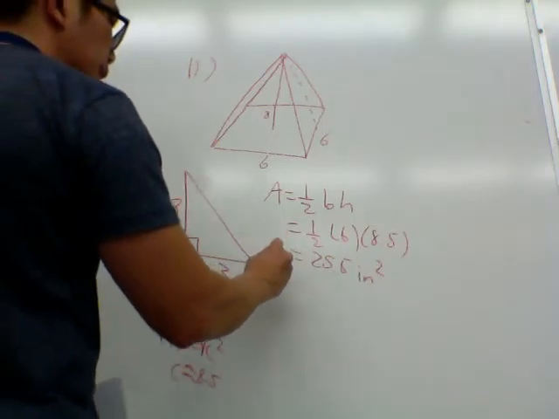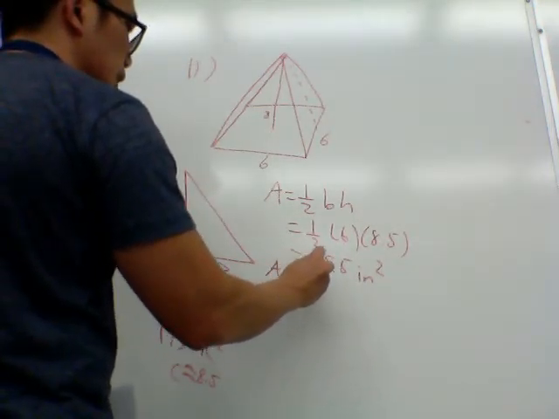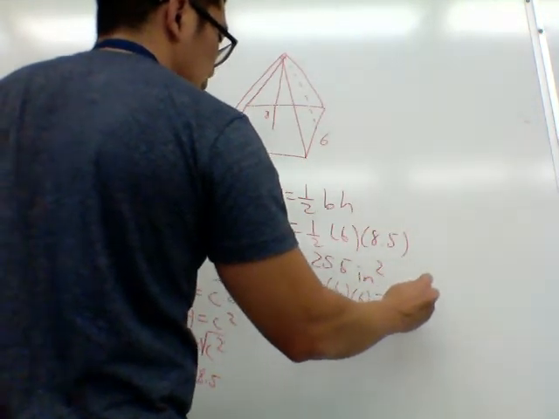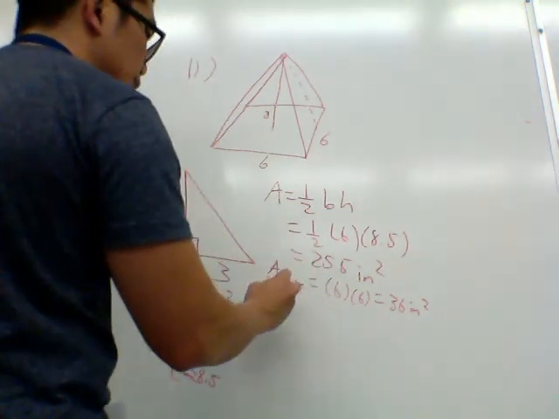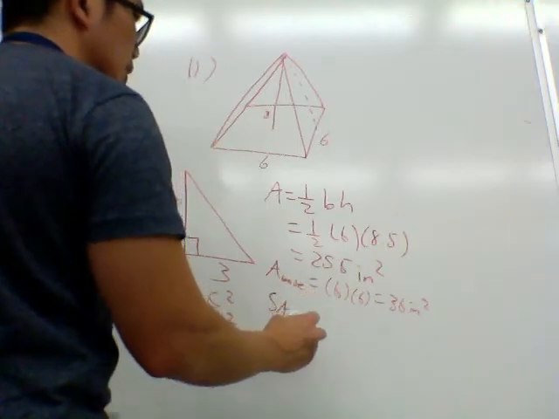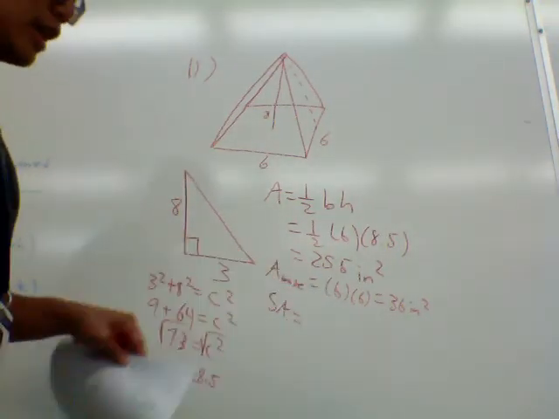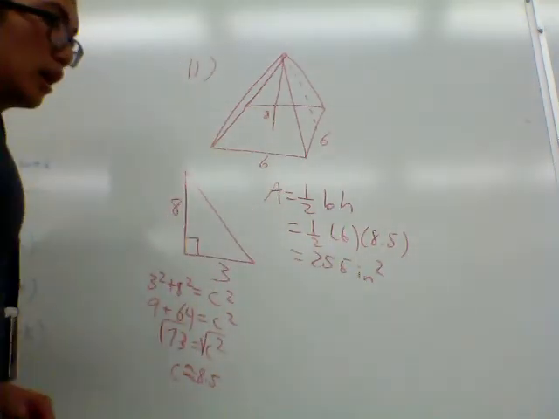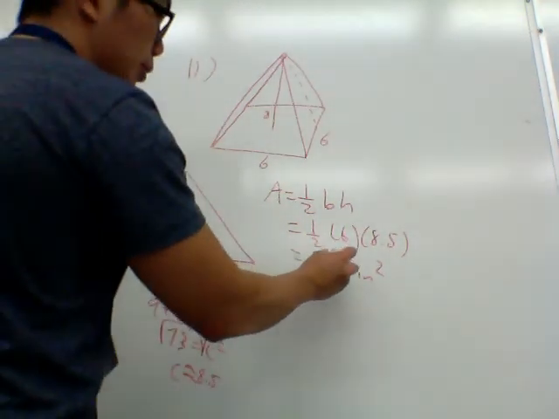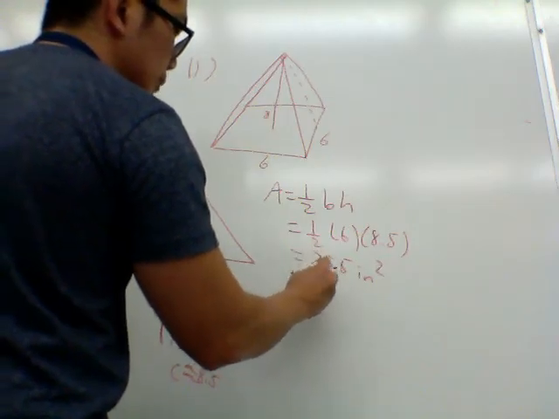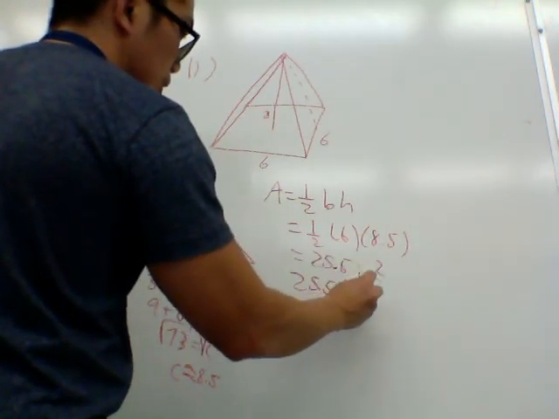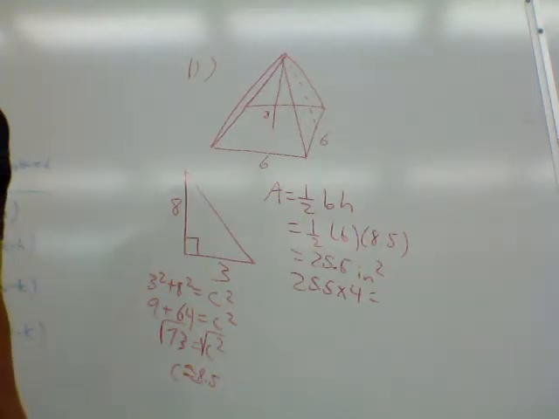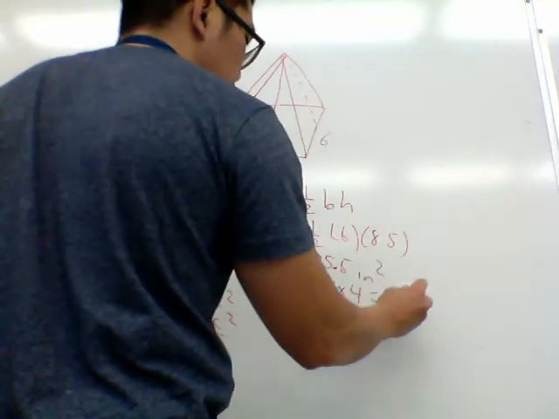Now the area of the base is equal to 6 times 6, and that is 36 inches squared. So the surface area, I just add, oh, one thing that I forgot to do, sorry, let me backtrack. It's 25.5, and what I have to do is multiply this by 4, because there are 4 of those triangles. So this is 102.